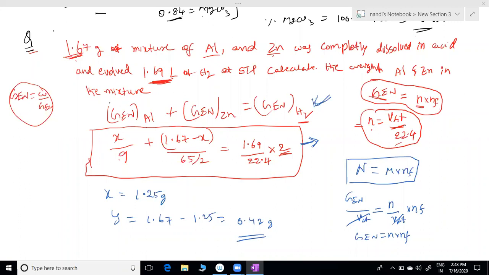You may find iteration of every concept here only. So next iteration, sir. Redox titration.